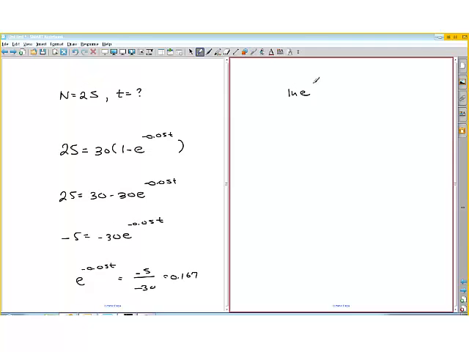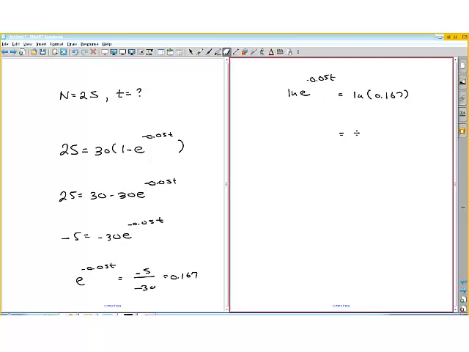Okay, then we take the natural log of both sides. And so we take the natural log of 0.167. And you get 1.18. I did something wrong there. I took e to that number. Something was wrong.